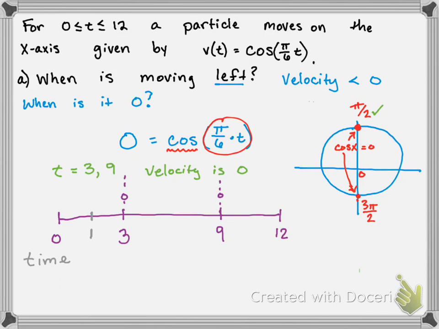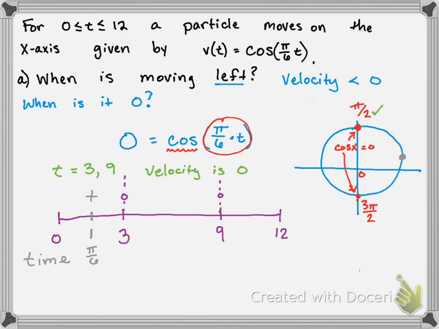If you plug in 1 for t, that's pi over 6 times 1. At pi over 6, the cosine value is positive, right? It's something over here. At pi over 6, your cosine value is positive because your x values are positive over here.